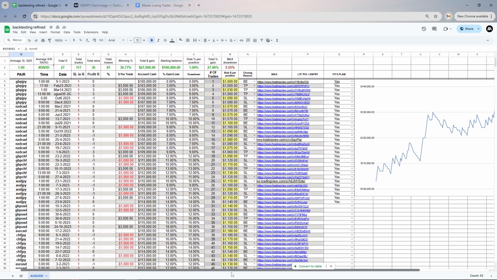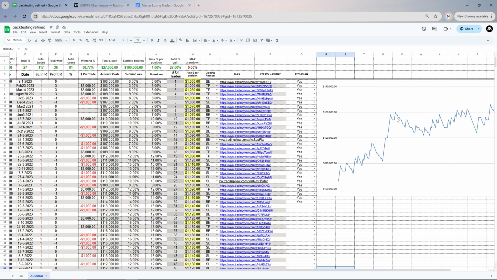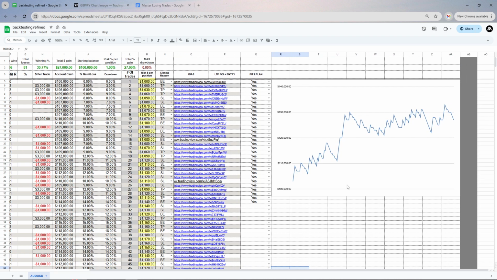So when he was testing all different pairs at once, that's how this strategy is meant to be traded. It's very likely that a certain pair can perform worse than others over the period of, call it, 5 years, compared to when you take all 20 of the pairs that we trade, combine them together, and see how that equity curve plays out. You're going to get something a lot more consistent and profitable, like the beginning of this, until he decided to stick to only Euro US dollar.